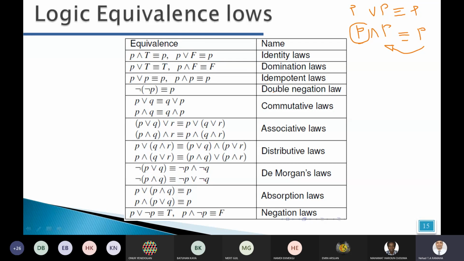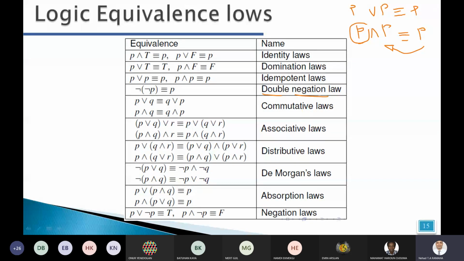It's a simple one also to prove. Double negation. It's a very famous rule. In anything, the negative of the negative becomes positive. It's a famous rule in mathematics, in life, anywhere, that the negative of the negative will be positive.